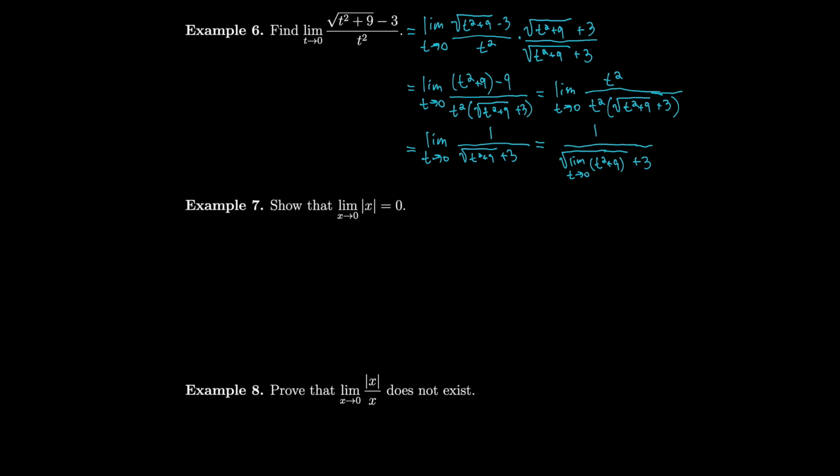Okay, so then this ends up becoming 1 over, well, when we plug in, because the limit of t squared plus 9, that's a polynomial, we can directly substitute.